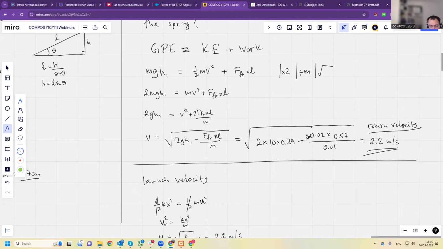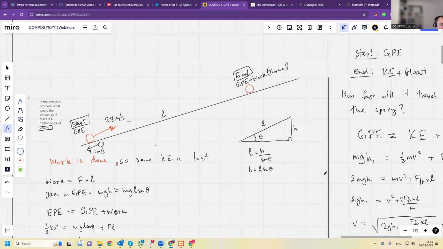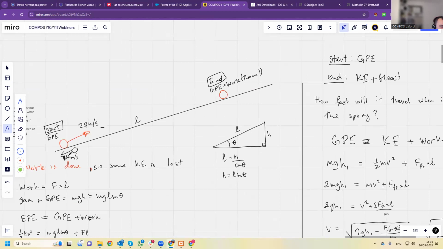Square root of 20 times 0.29 minus 4 times 0.57. 1.87. Okay, 1.9. And that is 1.9. Thank you. So 1.9 meters per second, which also makes sense.